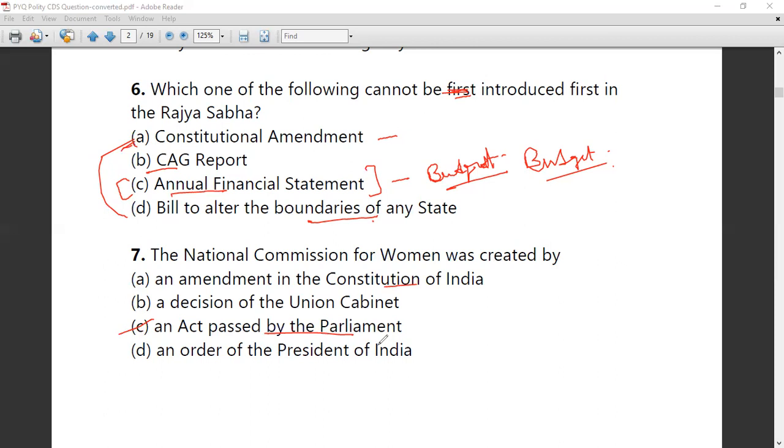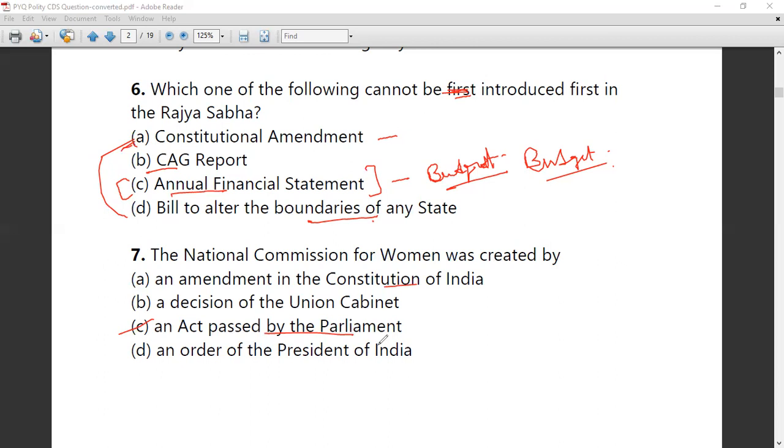And when the law is not mentioned in the Constitution originally and has been passed by an act of Parliament, that gives statutory status to that particular law. So the National Commission for Women is a statutory body. Clear? Like Niti Aayog, earlier the Planning Commission, from 2015 it became Niti Aayog, National Institution for Transforming India. So these bodies are non-constitutional bodies because they are not mentioned in our Constitution.